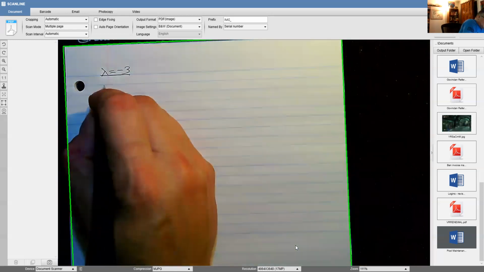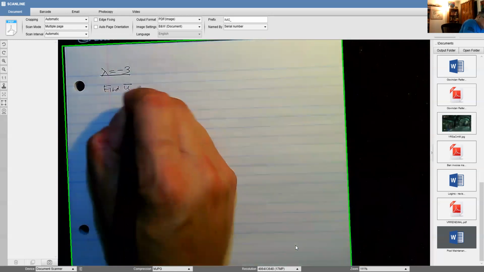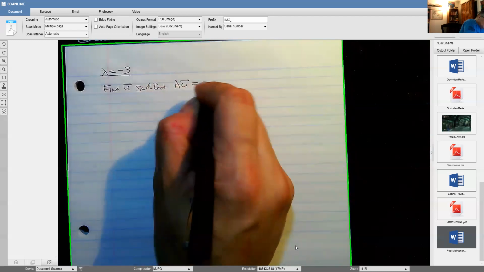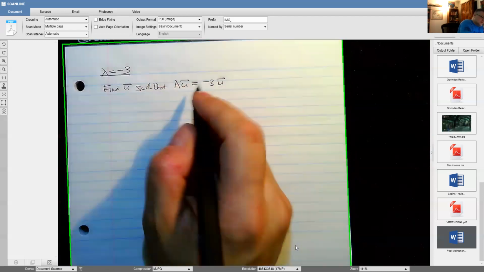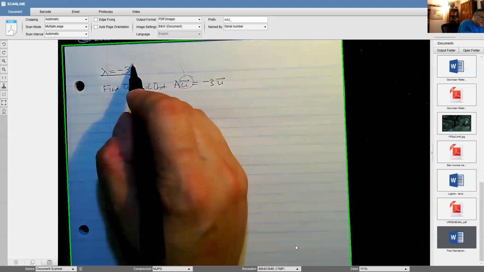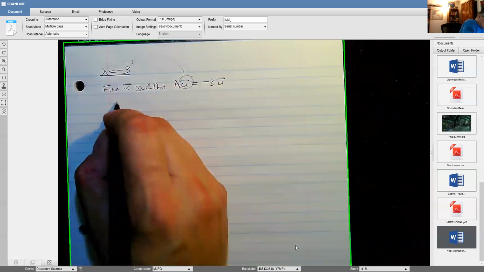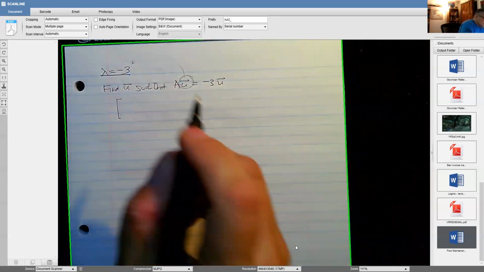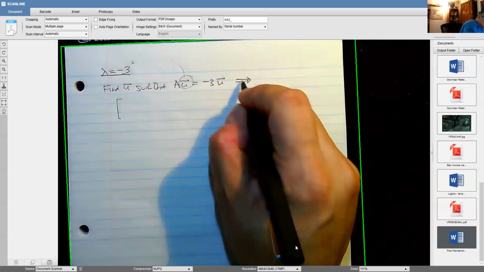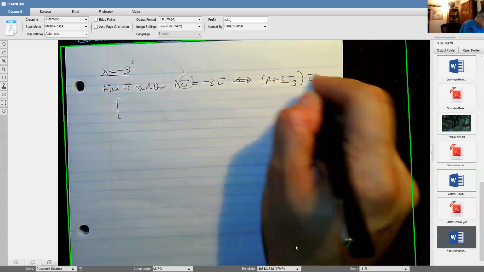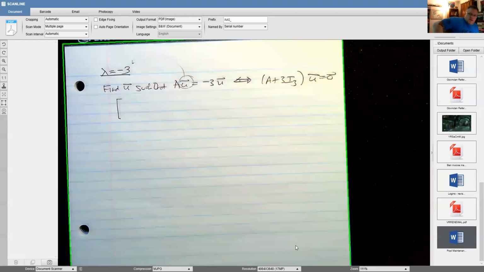And so I want to find u such that A times u is equal to -3 times u, right? So this would be the eigenvectors corresponding to that guy. So let's pull it over. We have our A matrix, right? So this is equivalent to A plus 3I3 times u equal to 0. So that means the same thing.